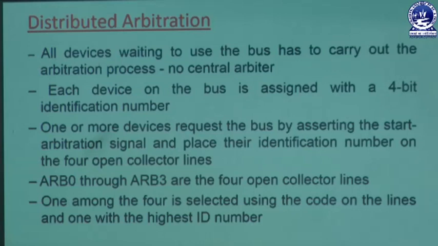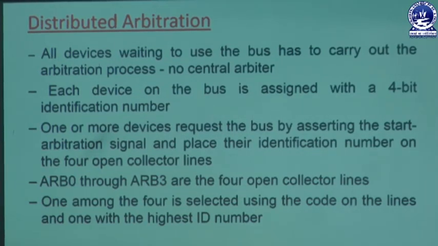Then one among the devices is selected using the code on the lines, the one with the highest ID number. So the highest ID number will be selected and given to the processor, and the processor will give access to the device with that highest ID number, by using the code selected through the bus request provided by the device to the processor.